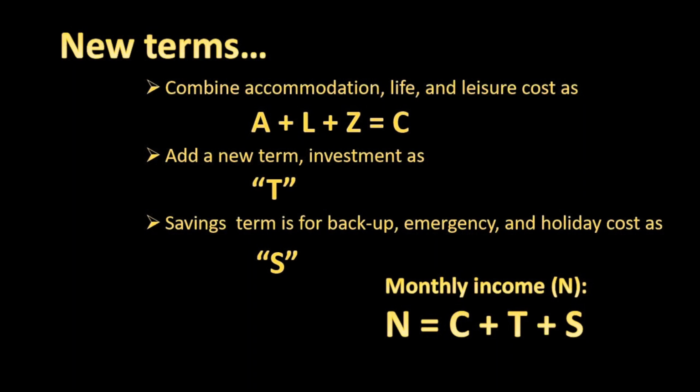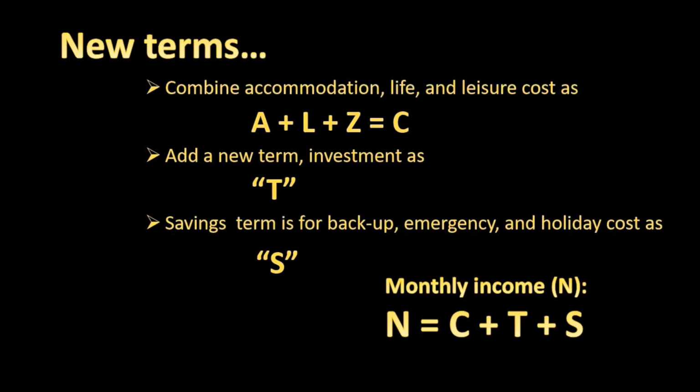I combined my accommodation, life, and leisure costs. Nowadays I'm doing it like this. If you remember from the previous one, A plus L plus Z is now C only. C stands for cost. I added a new term, represented with the letter T, and it is the investment.